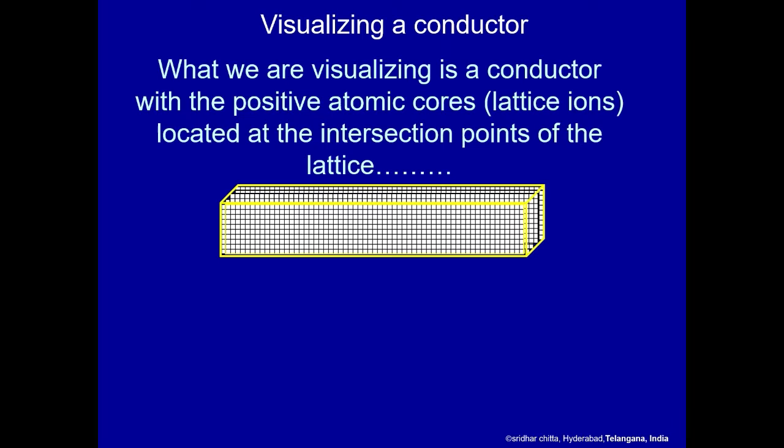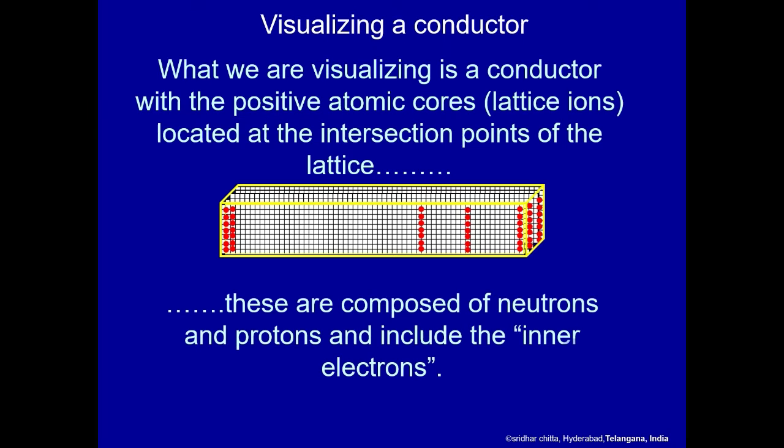What we are visualizing is a conductor with the positive atomic cores, lattice ions, located at the intersection points of the lattice. These are composed of neutrons and protons and include the inner electrons.